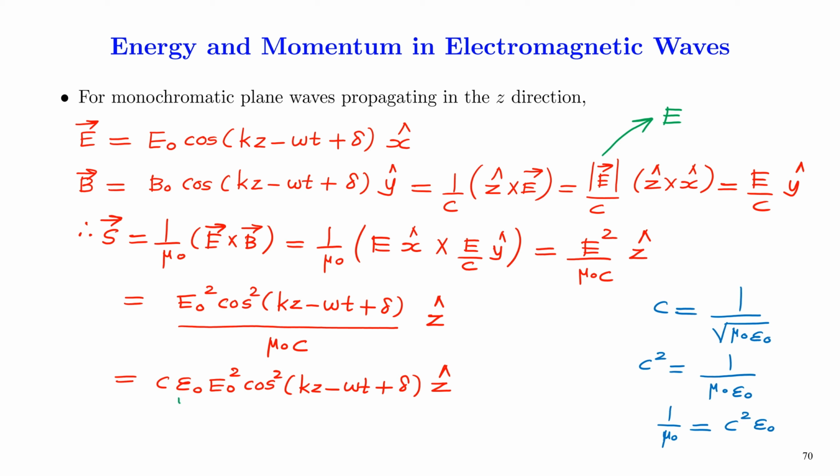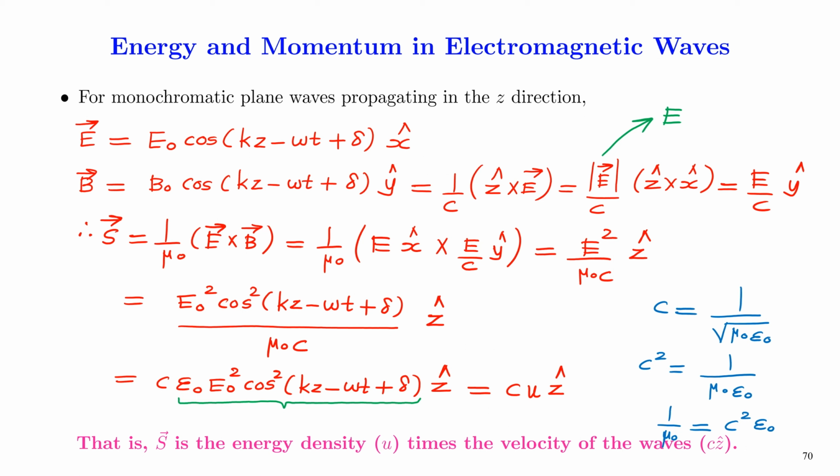We shall take epsilon 0 E0 square cos square (kz minus omega t plus delta) as the energy density U. Therefore, this equation becomes c U z hat. That is, the Poynting vector is the energy density U times the velocity of waves.